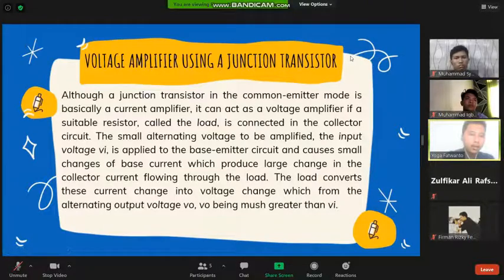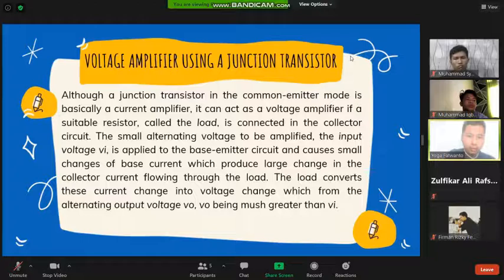Voltage amplifier using a junction transistor. Although a junction transistor in the common emitter mode is basically a current amplifier, it can act as a voltage amplifier if a suitable resistor called the load is connected in the collector circuit. The small alternating voltage could be amplified.